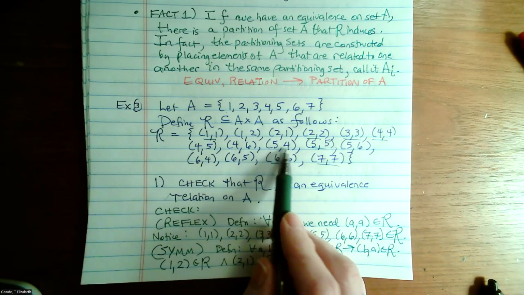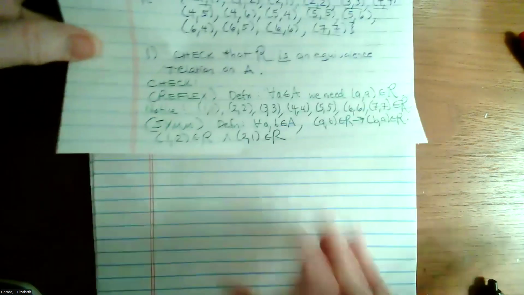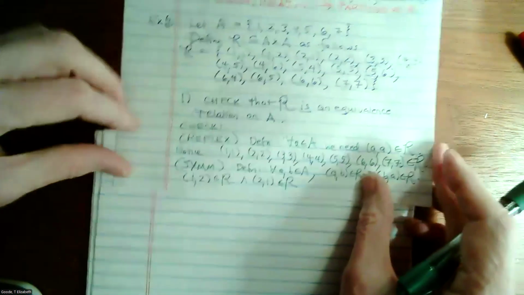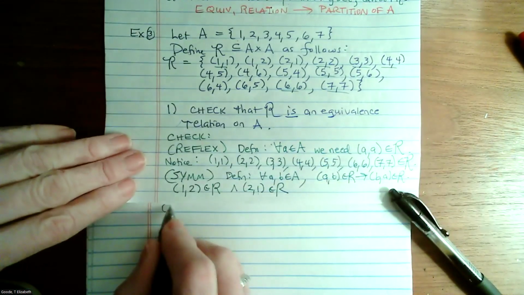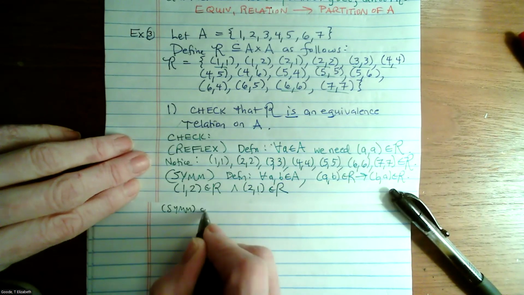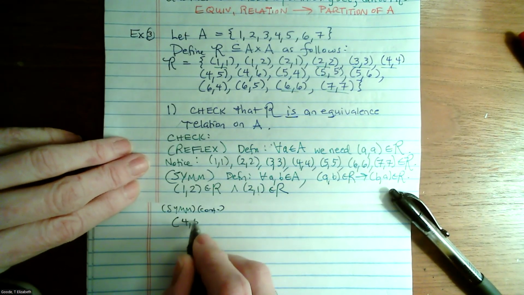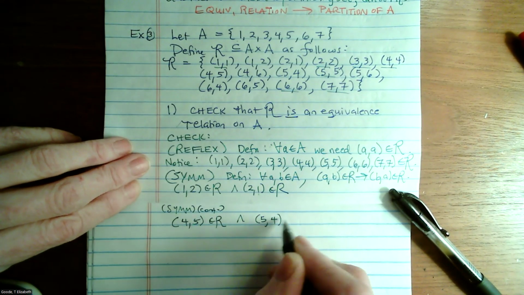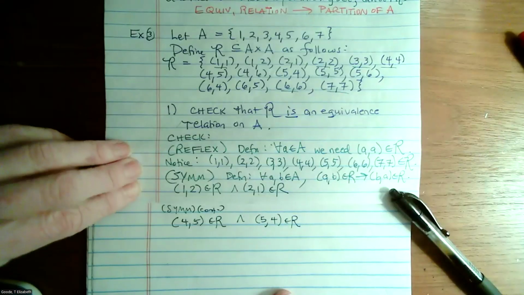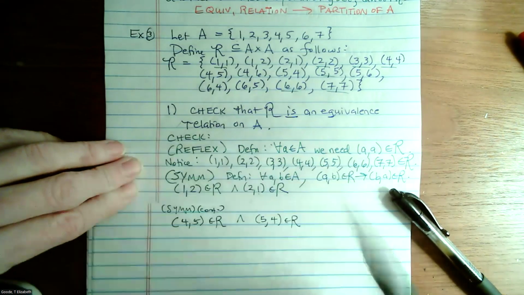Well, that means we need (5,4) in there, and we have it. So as we continue to check symmetry, we see that (4,5) is in curly R, and its symmetric twin (5,4) is in curly R. So those are good to go. That takes care of this one and this one. What's next?